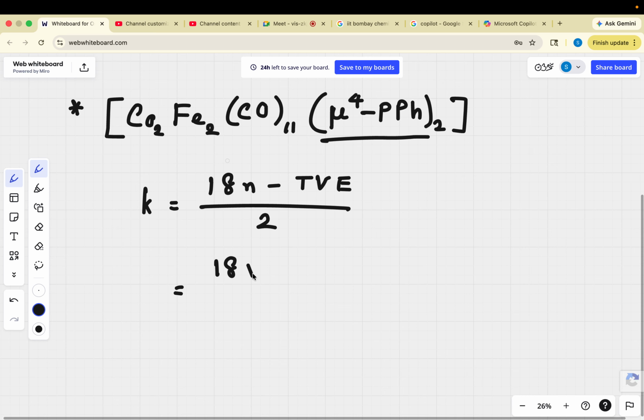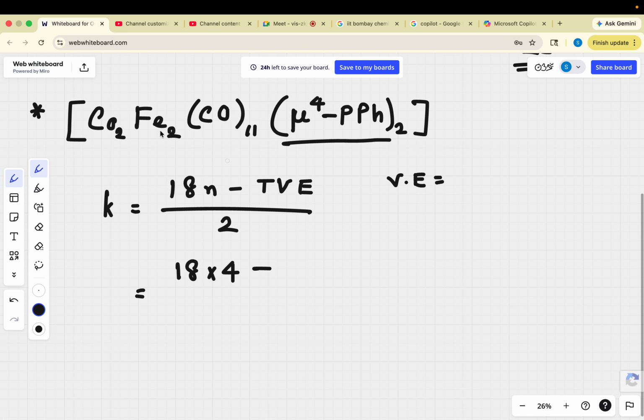4, sir. So 18 into 4 minus total valence electrons. Find out the valence electrons. For cobalt, 2 into 9, right? For iron it will be 8, so 2 into 8. For carbonyl it will be 2, so 2 into 11. And for PPh, phosphorus has 5 valence electrons.